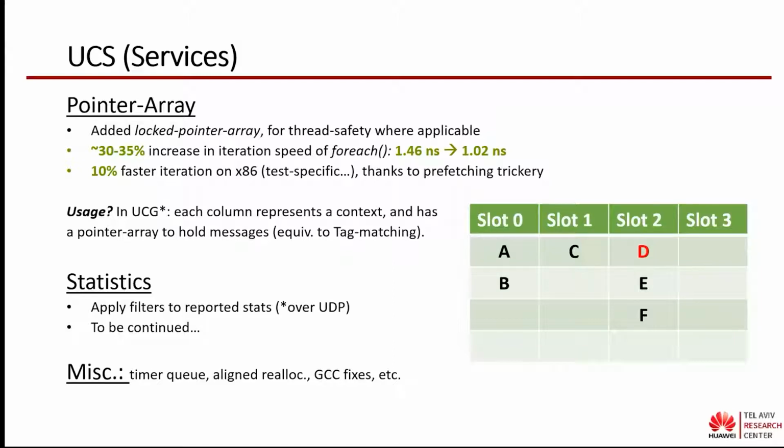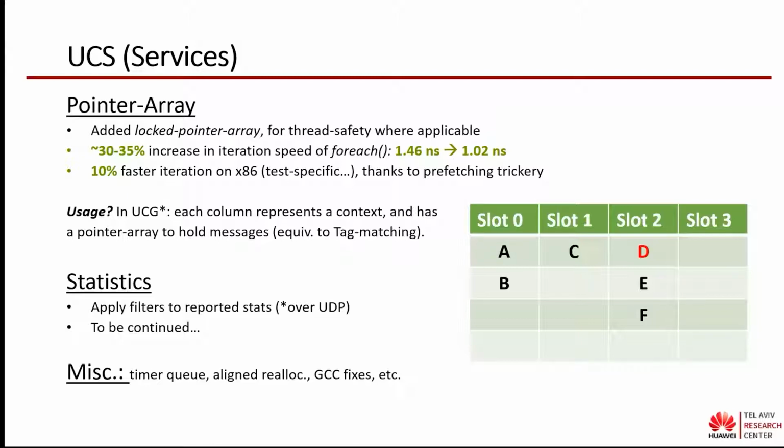Just kidding. Stuff we did on the lowest level of UCX, probably the services. Shuki worked on the pointer array and accelerated it. We took out some code that was no longer used, some bits that were available for optimizations, and now we have a very impressive increase in iterating on a pointer array, like if you do a for each on them.